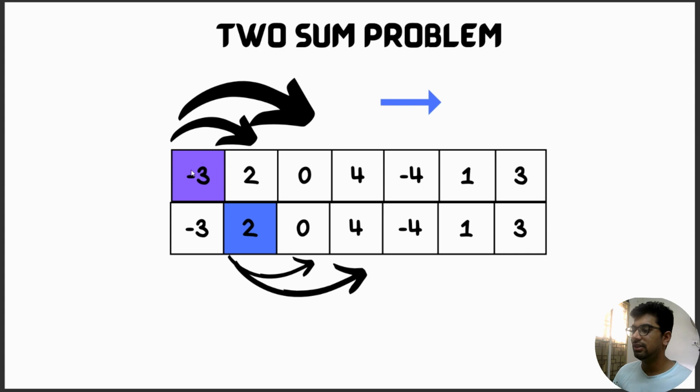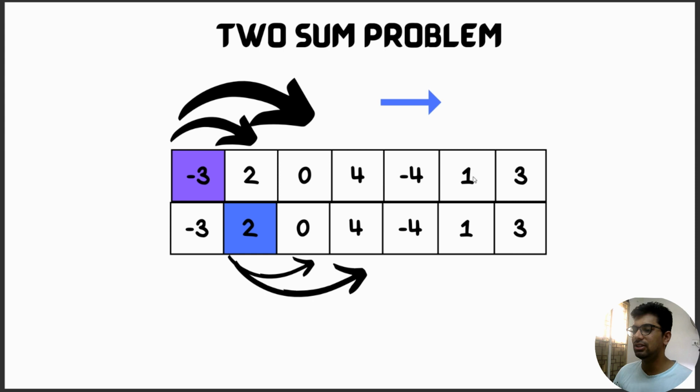But see here, we are not returning the numbers themselves. We want the indices of the numbers which, if we sum them, give the target value. So here, if minus 3 and 3 sum to 0, then we will return the indices of these two numbers. The indices of minus 3 is 0, and there are 7 elements, so the index of this 3 is 6.